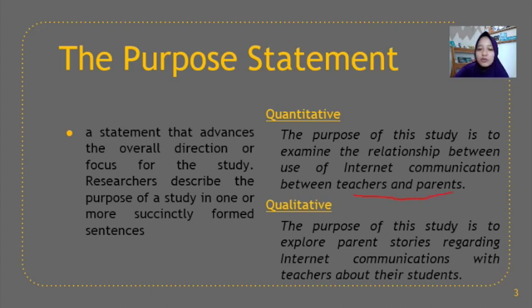But in qualitative, the purpose of this study is to explore parents' stories and their complications. And easily we can understand the difference between quantitative and qualitative: qualitative only explores our study in a certain topic, but we don't use any variables like in quantitative.